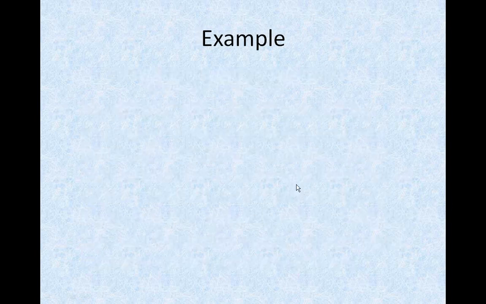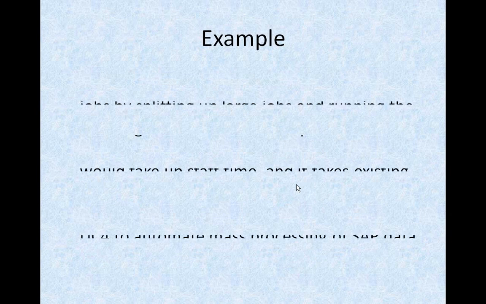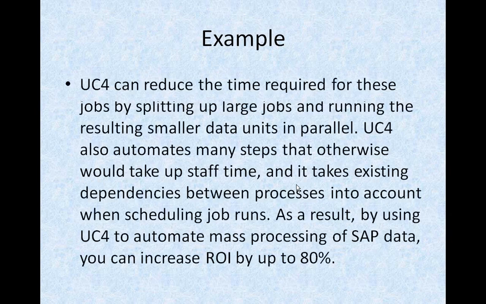So what UC4 can do, this is an example, as I told you, related to SAP and UC4. This is valid for any other ERP applications with any other job application tool you are using. UC4 can reduce the time required for these jobs by splitting up large jobs and running the resulting smaller data units in parallel. This is very important in the case of SAP BW, or a business warehouse scenario, where you are creating reports for management, or management likes to see reports that contain a high level of financial data.